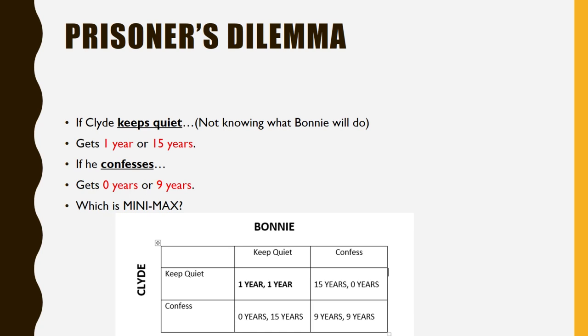We want to minimize the maximum jail time. Then which one would you go with? 1 and 15 or 0 and 9? Well, your dominant strategy here would be to confess, right? So Clyde's dominant strategy, the thing that minimizes his maximum sentence, is to confess. And it's going to turn out to be the same for Bonnie.